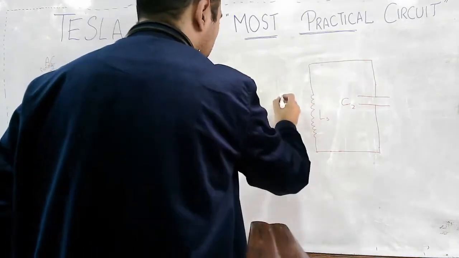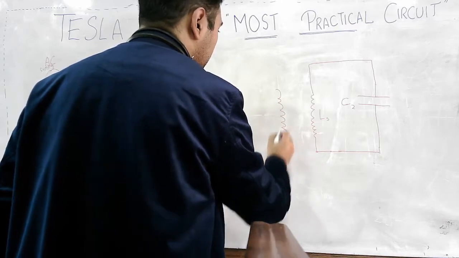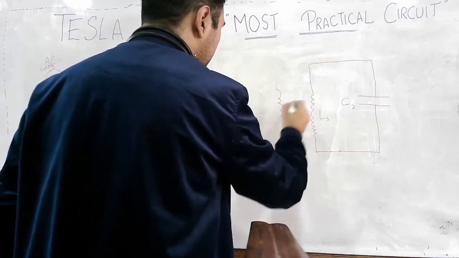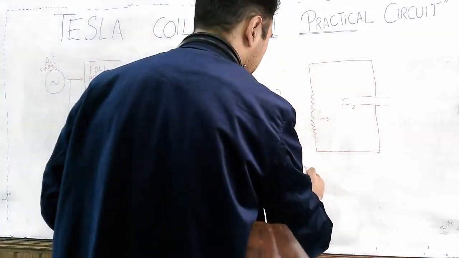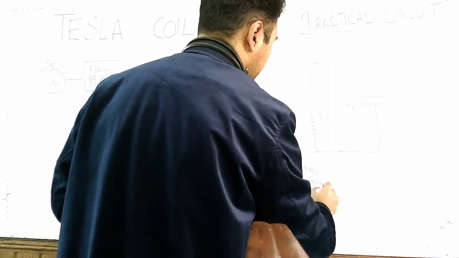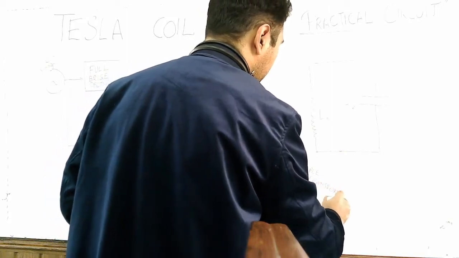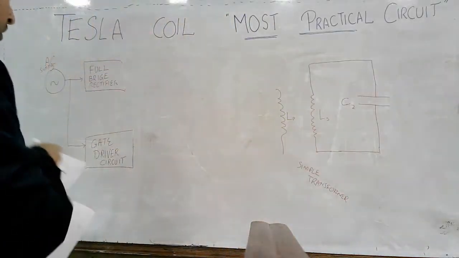All we need is a primary winding here as well, represented by LP, by making just a simple transformer. Here we will be able to transfer the energy from the primary side to the secondary side.